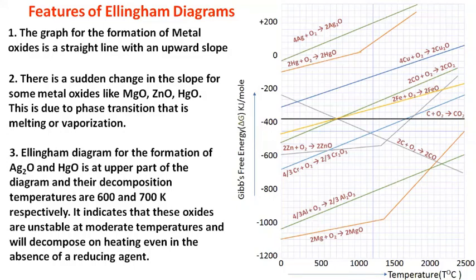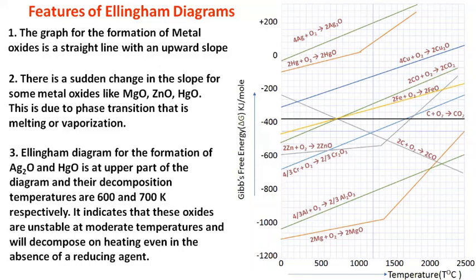In the second feature, we are seeing about the sharp curve or sudden change in the slope for metal oxides like magnesium oxide, zinc oxide, and mercuric oxide. For this we had given a reason, saying that it is the phase transition. That is, due to the phase transition from solid phase to liquid phase or liquid phase to gaseous phase, this is happening.